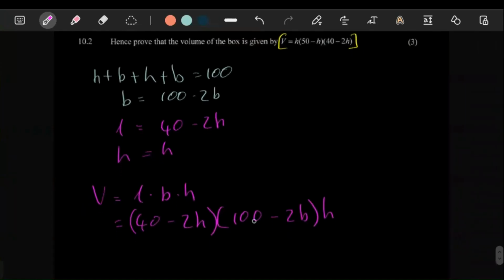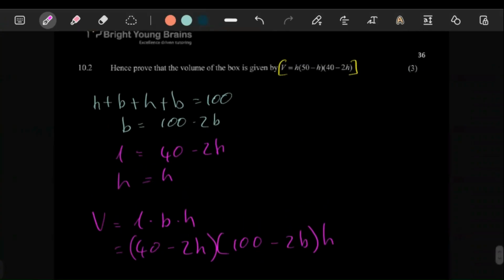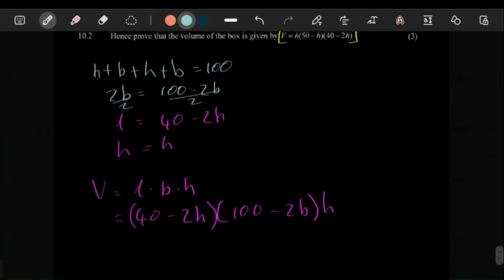Here they just took out what happened here? I think I made a mistake here somewhere. Yeah, I did. Because we have 2H. Yeah, there we go. If you divide by 2 there, divide by 2 there, you will have 50 minus H.